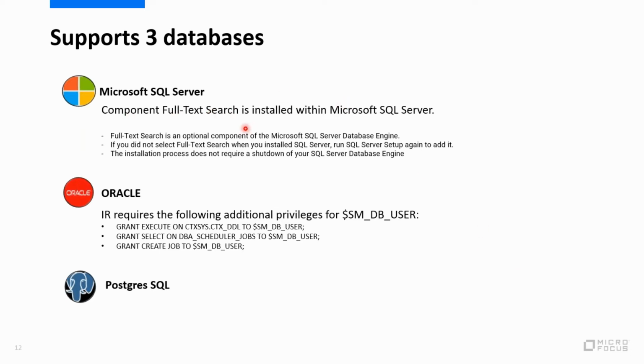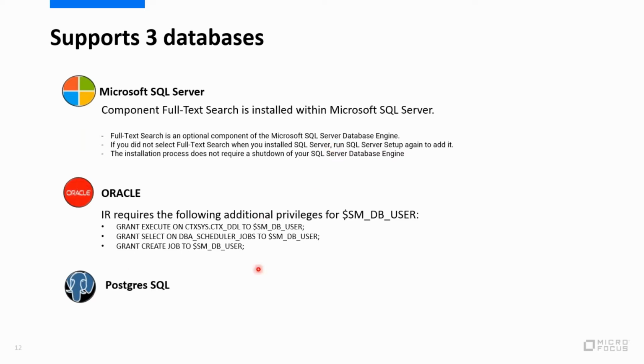This component is optional during the SQL Server database engine installation. So if you did not select full text search when you installed SQL Server, you can run SQL Server setup again to add it. The installation process does not require a shutdown of your SQL Server database engine.